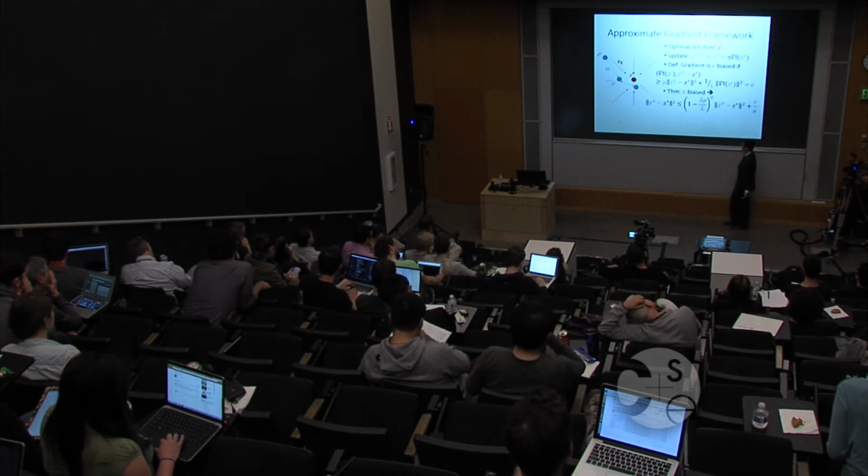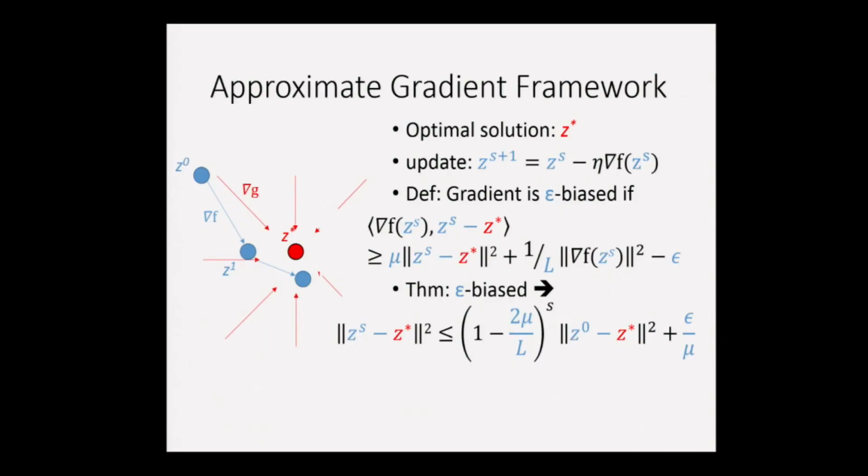And by having this term, we can show that if the gradient of f is always epsilon biased, after a small number of steps, the distance to the optimal solution is going to be bounded by the sum of two terms. The first term will be decreasing geometrically, and the second term will not go to 0, and we call that a systematic bias. So basically, if epsilon goes to 0, we can still hope the point converges to z star. Otherwise, we can only hope the point converges to a point that's very close to z star instead of being exactly at z star.